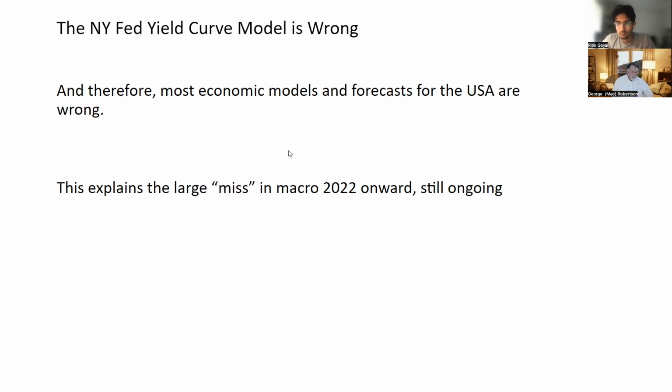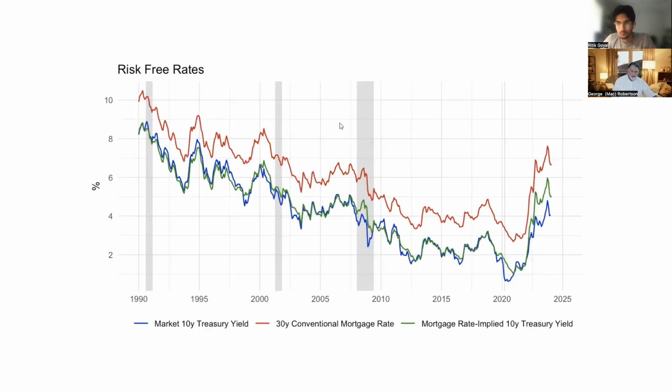But the bigger reason for this, and we're still trying to sort it out, is that the risk-free rate is supposedly the U.S. Treasury 10-year rate. If you're using U.S. Treasuries, and they're not the risk-free rate, they're not going to do what you expect them to do. They are not going to answer the question in terms of what the probabilities of recession or slowdown are ahead.